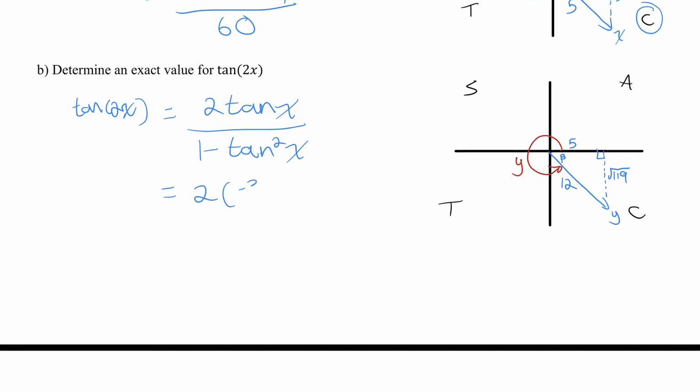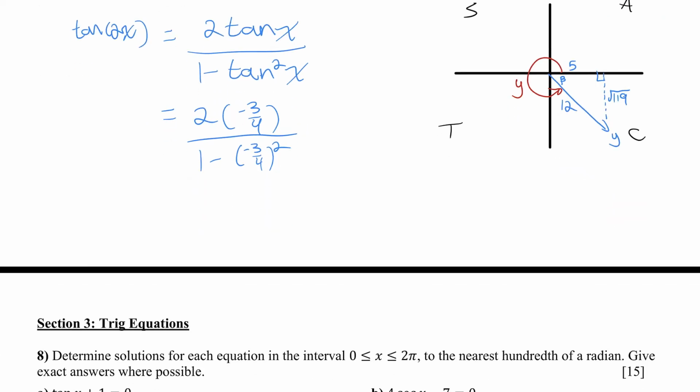So let me replace each of those tan x's with negative 3 over 4. So I have 2 times negative 3 over 4 all over 1 minus negative 3 over 4 squared. And we just have to go ahead and simplify this. I get negative 6 over 4 over 1 minus 9 over 16. Let me keep simplifying over here.